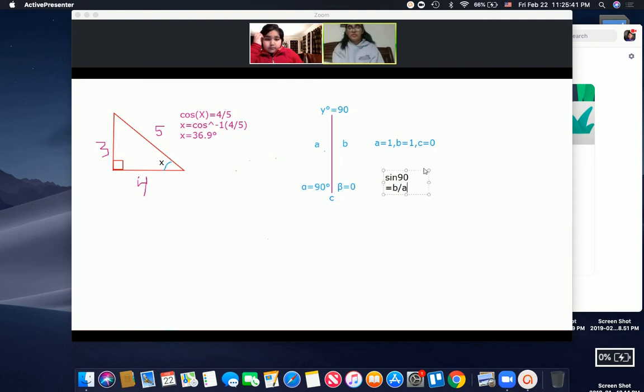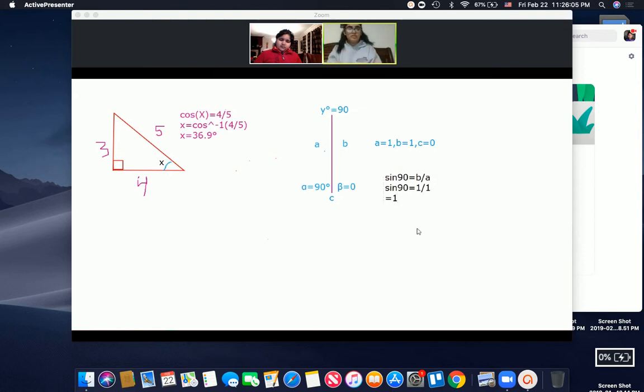Since our values here are given as a equals 1 and b equals 1, sine 90 would be 1 over 1, which is equal to 1. And that's actually true. If we were to calculate, sine 90 does equal 1.